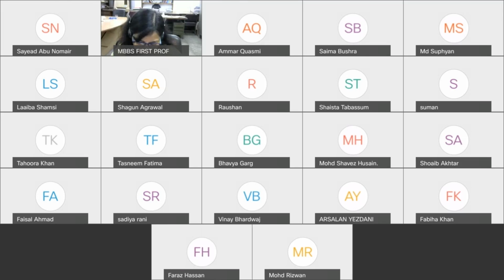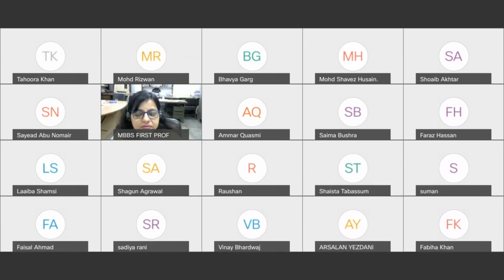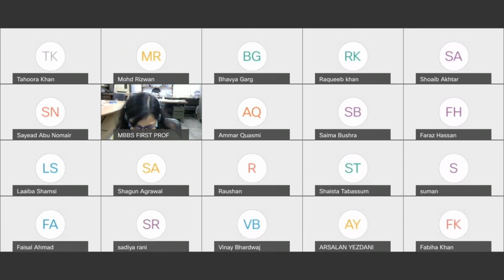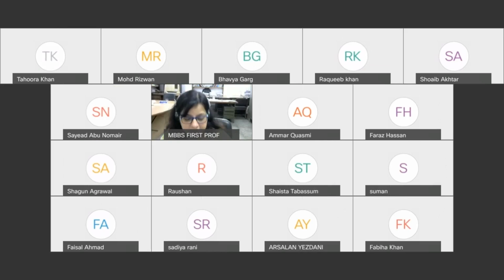Then 109. 106. 109 is also there. 139. 133. 137. Okay, next. 147. Then 144. Then 132. 148.